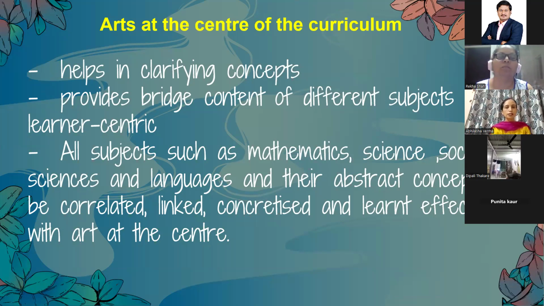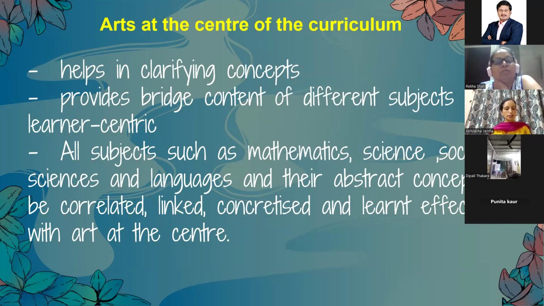Okay, art at the center of the curriculum. In the previous slide, you saw that art was in the center of the curriculum. That helps in clarifying the concepts. And an art-integrated curriculum can provide means to bridge the content of different subjects in logical, learner-centered, meaningful ways.